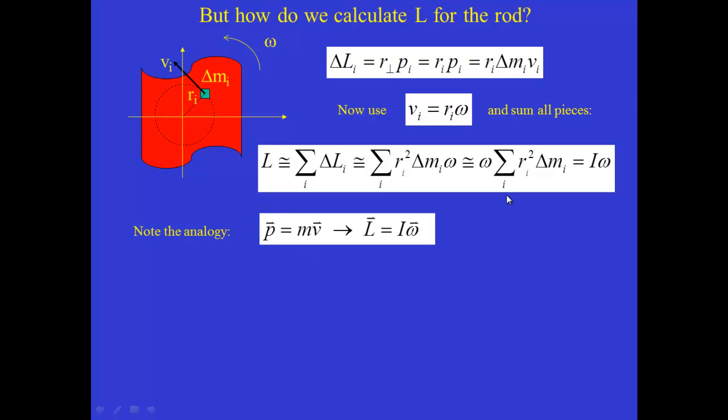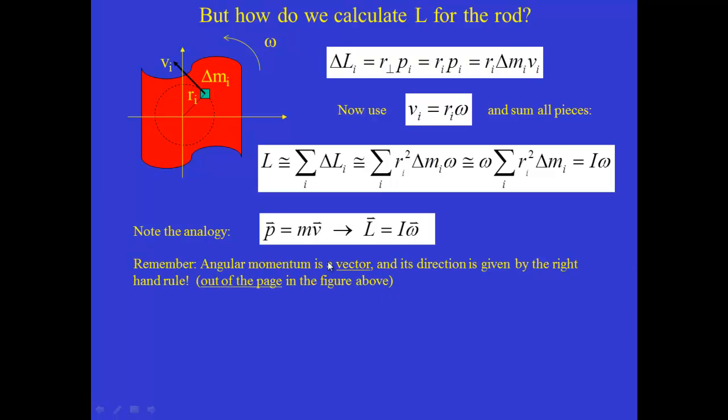Here, for a collection of particles that rotate around a fixed axis, p is replaced by L, m is replaced by I, and v is replaced by omega. So, going back to the original slide where we wanted to find what the angular momentum would be for that rod after the collision, all we would have to know is the moment of inertia of that system and the angular velocity. So now we have a way of going back to finish that example problem.